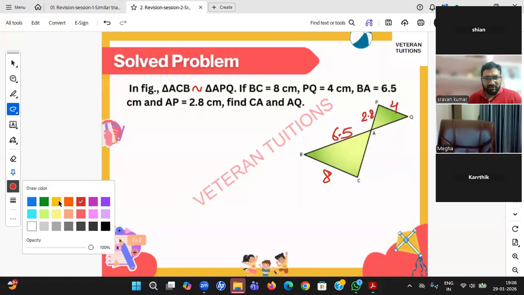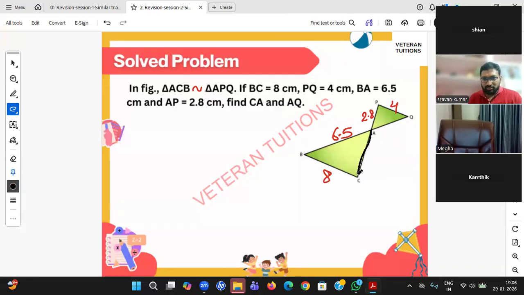CA is how much? CQ is how much? This black one he is asking. So you see he is speaking about distances, so now you use the similarity criterion. He is playing on the distances or side lengths.